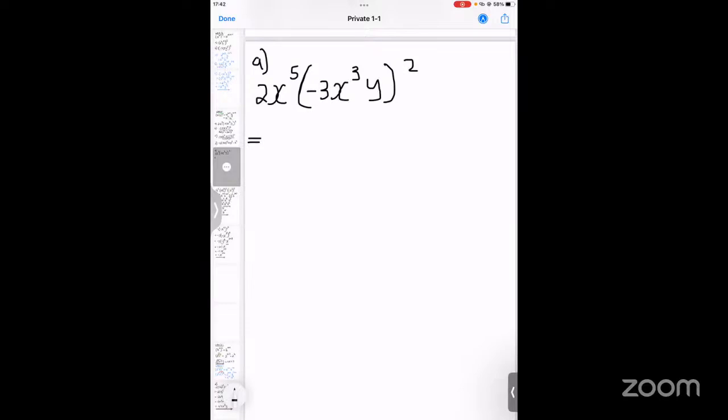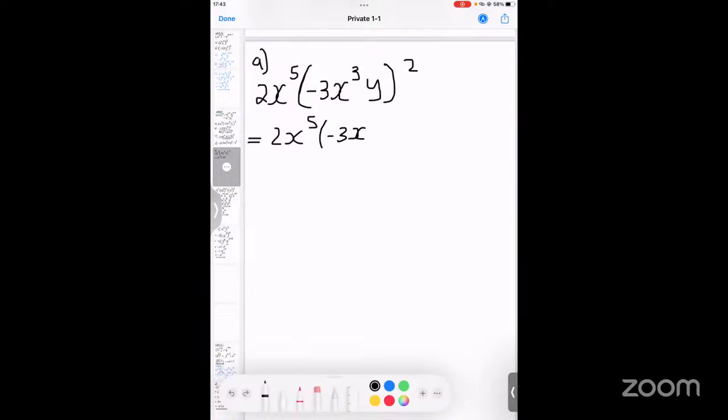You can write 2x to the power of 5, bracket negative 3x to the power of 3. You said negative 3x. Yes, to the power of 3.